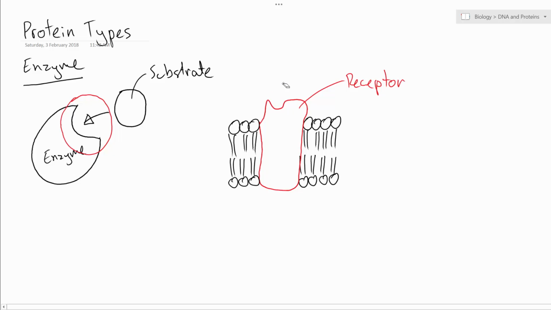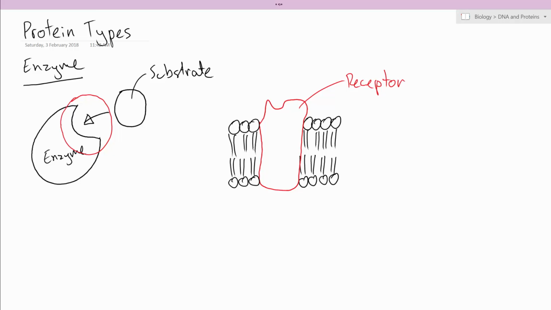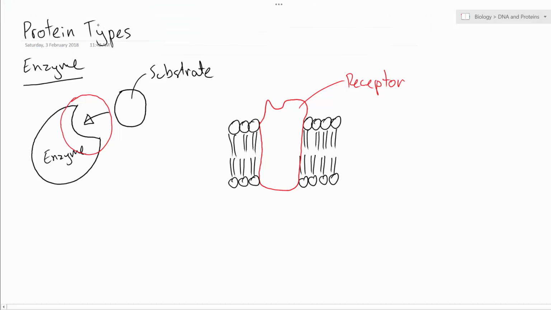So a receptor protein is reliant on a particular structure in order for that site to be made in a shape like it is, because another protein such as a hormone needs to come in and bind to it. So without the right structuring, that hormone protein is going to be unable to bind to a receptor, which is another type of protein, and then we won't get a particular outcome in the cell.